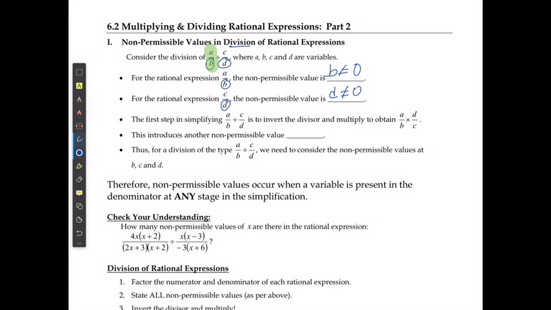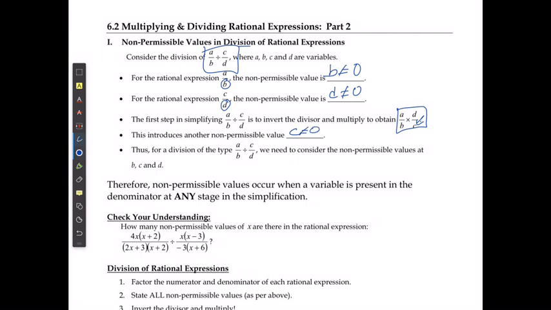But just like when I am dividing fractions, I'm going to multiply by the reciprocal. What's going to happen is when I rewrite this division, it's going to turn into this multiplication where I take the reciprocal of the second part, and then suddenly c is going to get added into the denominator. So now I've added the case where c can't equal 0.